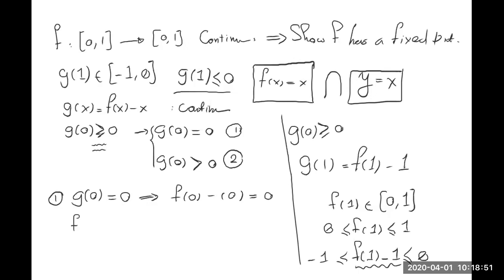Therefore, f of 0 is 0. So we are done. We have that fixed point which we were looking for. So in the first case, when g of 0 is 0, f has a fixed point.